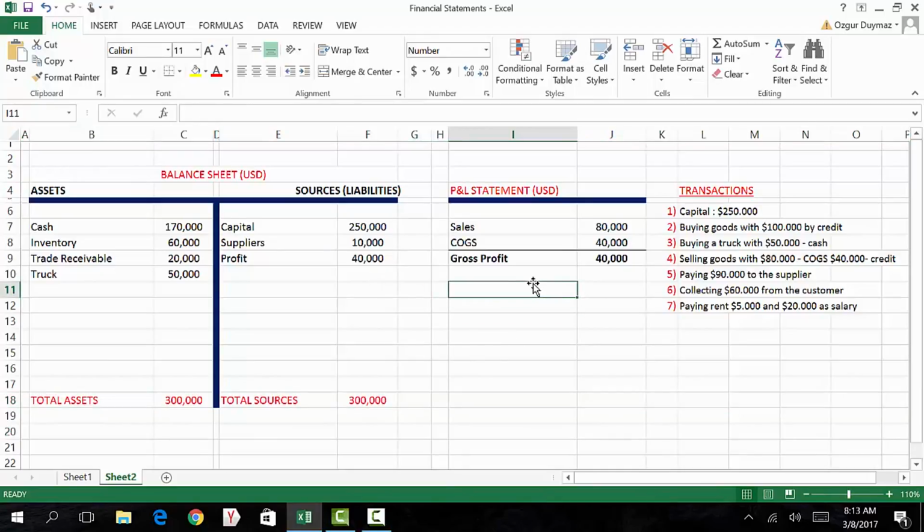Okay, number 7. The company pays rent $5,000 and salary $20,000. These are operational expenses. The total is $25,000 payment from cash. On the other hand, we should reduce it from profit.